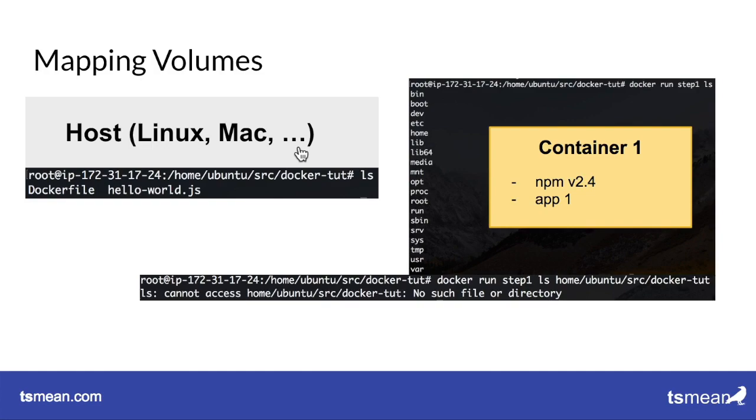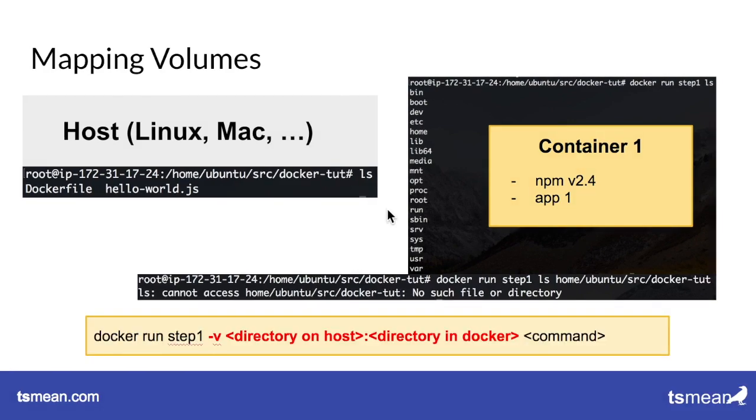But now we need to be able to break this isolation in order to get our hello world.js file inside of the Docker container such that we can actually run it. And one way to break this isolation is with the -v argument, which stands for volume.